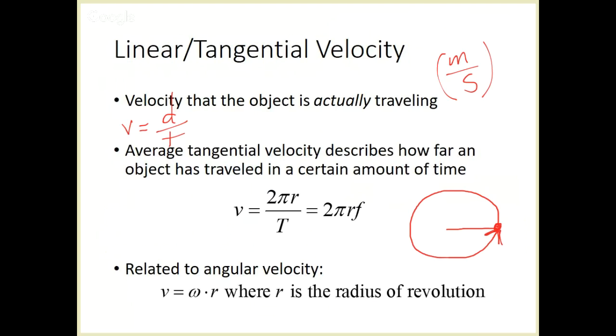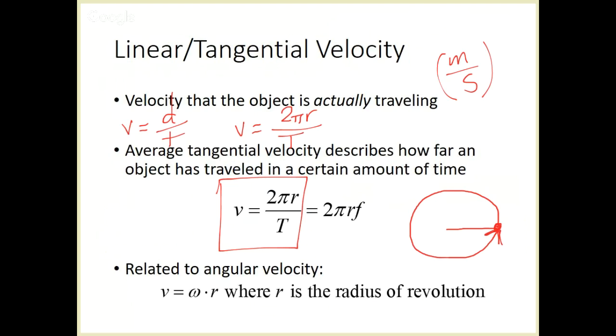The distance that you've traveled is one circumference. And the amount of time it took is that special unit of time, the time it takes to go around the circle once, the orbital period. So you can find the linear velocity as 2 pi r over t, circumference divided by period.